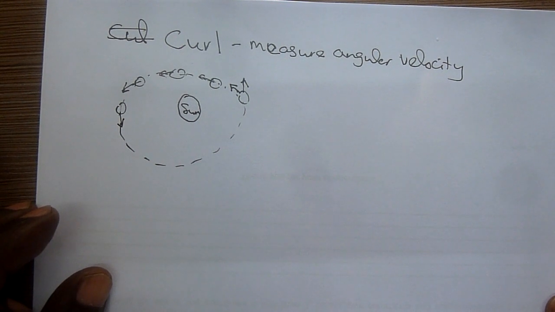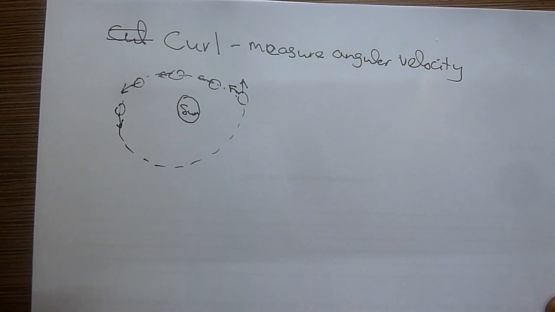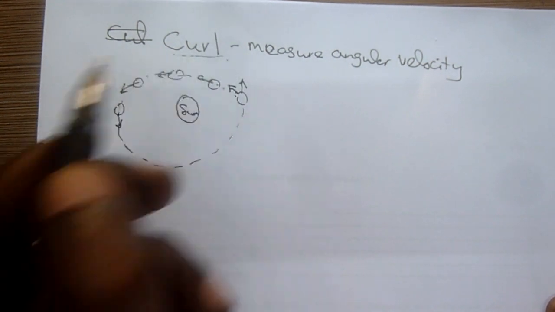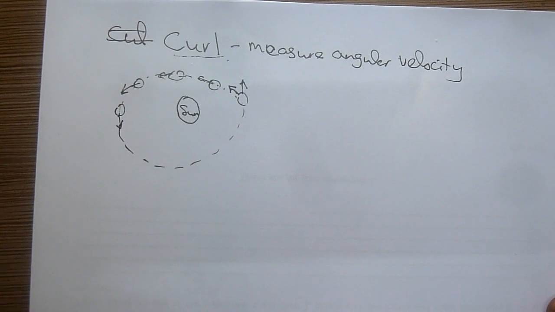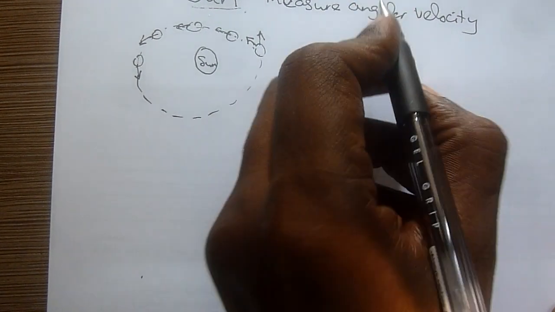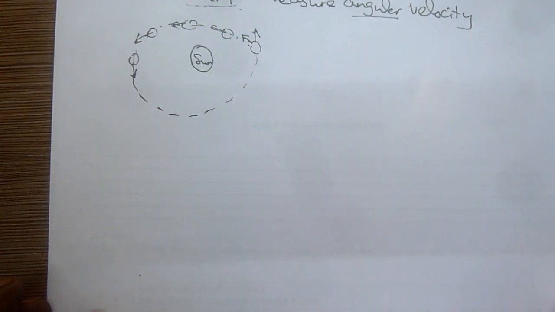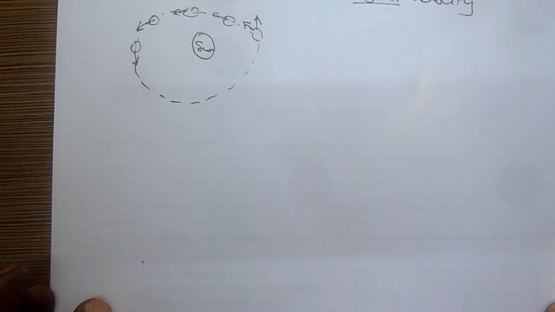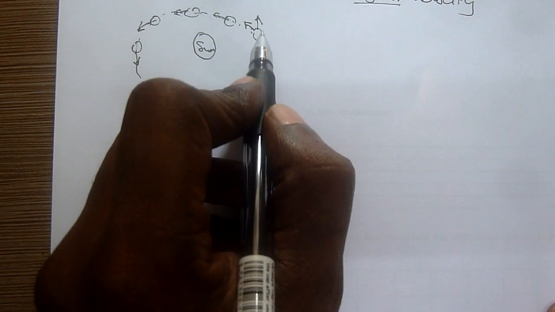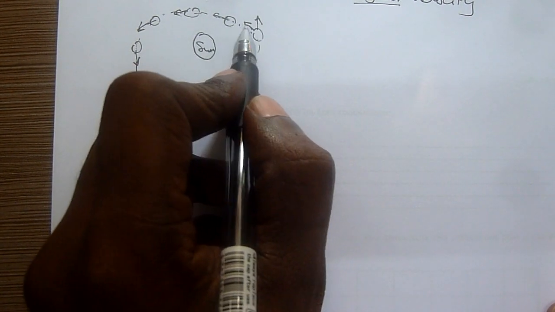But we can use the logic here for angular velocity at a bigger scale as well. The velocity is not calculated as linear, it is angular.